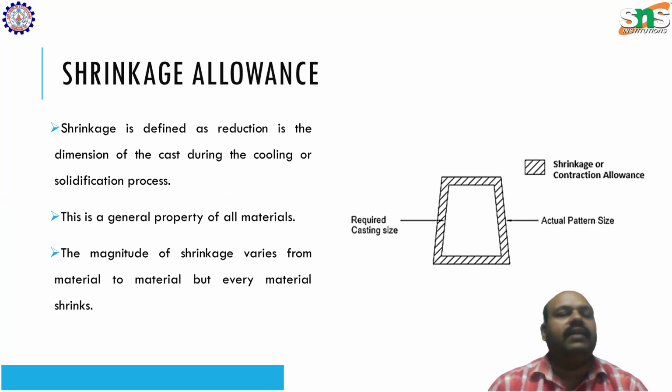After completing the casting process, we are going to get only 49 or 99 as the height and base, because the material shrinks to a particular size when it solidifies. So that should be maintained in the shrinkage allowance. Shrinkage allowance is always given more than the size of the actual pattern.